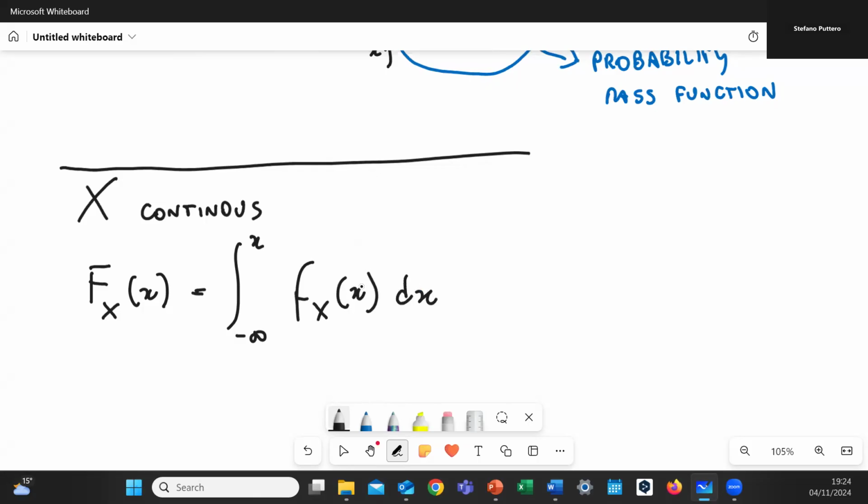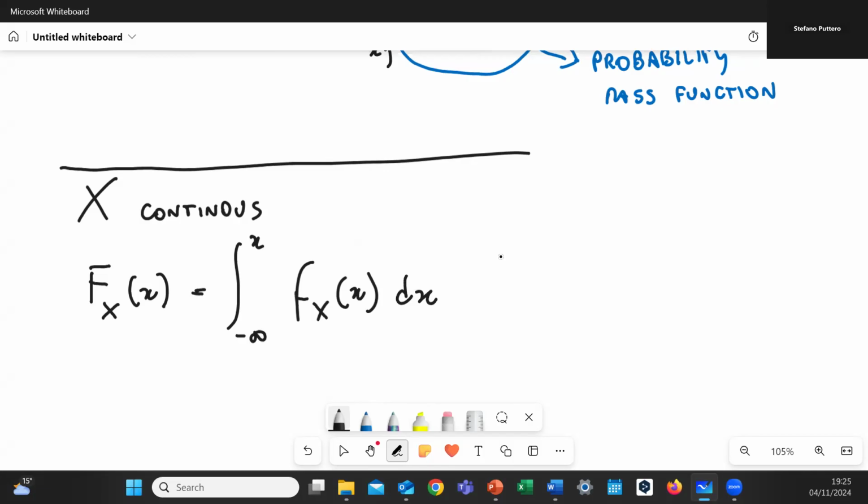We can use both u or x, it is just the same. Where f_X of x, since we are in the concept of continuous random variables, is the probability density function.